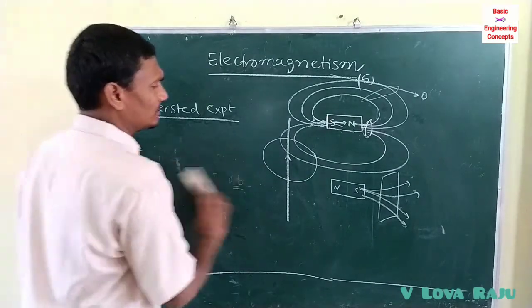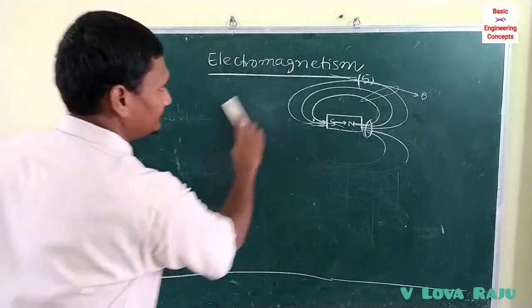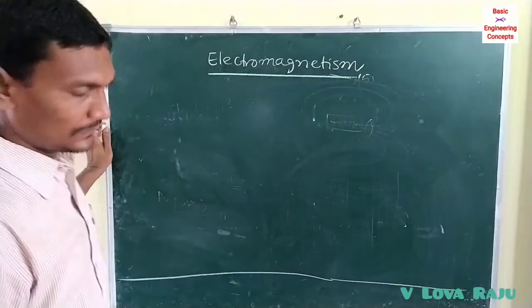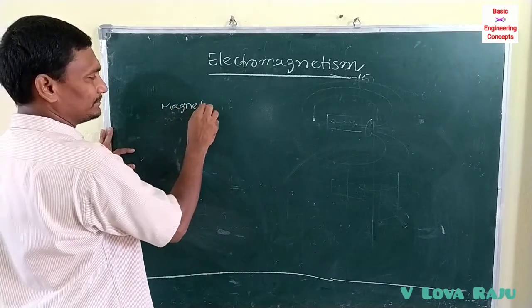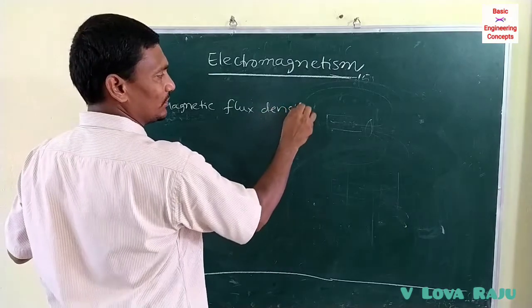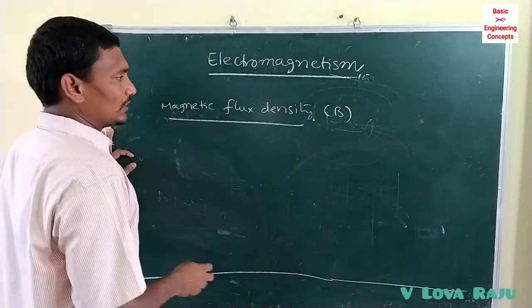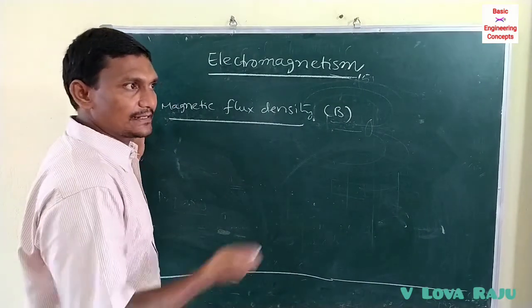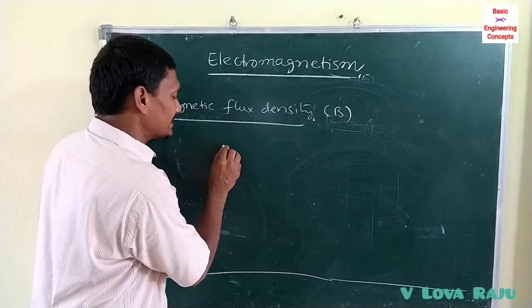Now we are discussing magnetic flux density, denoted by B. The number of magnetic field lines crossing per unit area is called magnetic flux density.